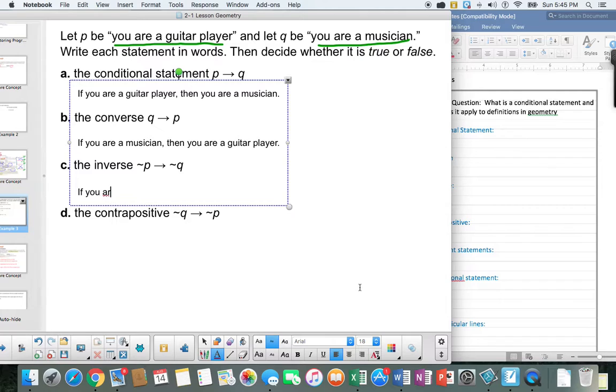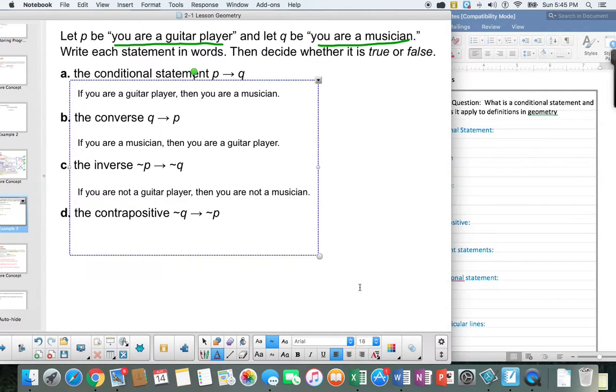If you are not a guitar player, then you are not a musician. Contrapositive, you take the original statement and negate them both, just like we did in the inverse, and then exchange places. If you are not a musician, then you are not a guitar player.